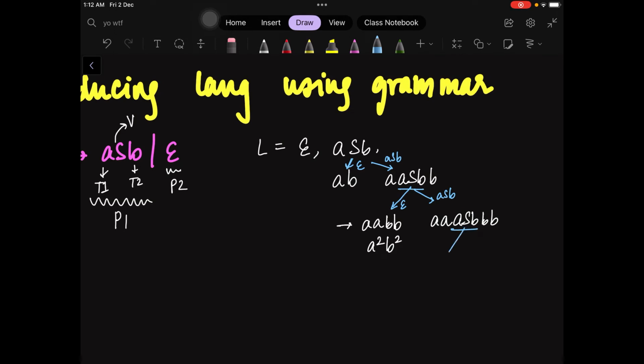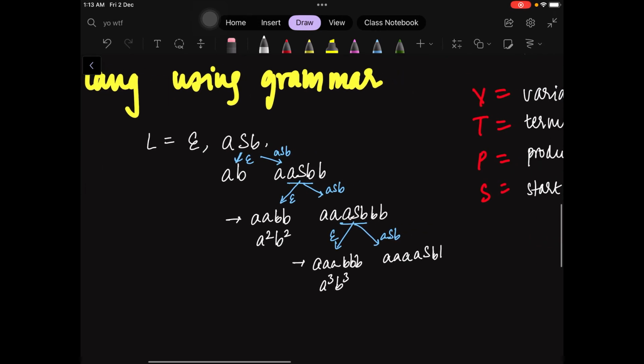So again, if you convert this S into epsilon or ASB, we get AAABBB, also known as A raised to 3 B raised to 3, and here you again get AAASBBB, and this can go on forever and ever.